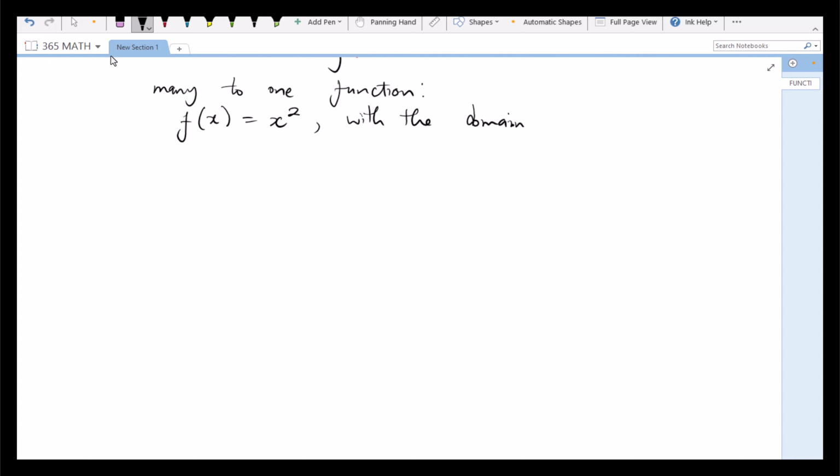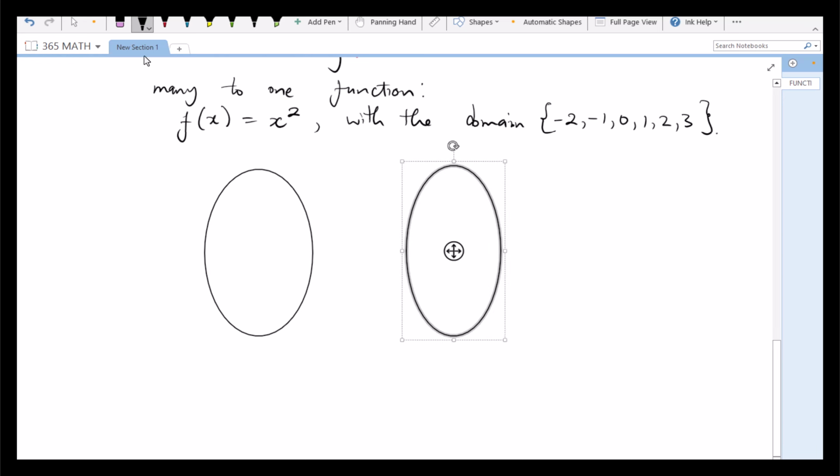Domain is the input values, with the domain -2, -1, 0, 1, 2, and 3. For the domain, remember we're given -2, -1, 0, 1, 2, and 3. And we're given the function f of x is equal to x squared.